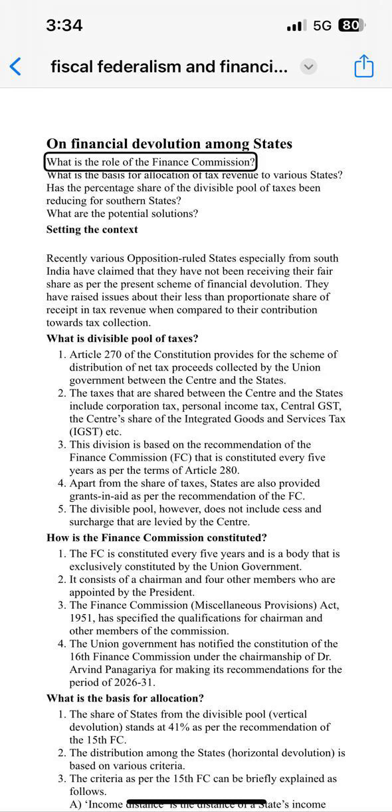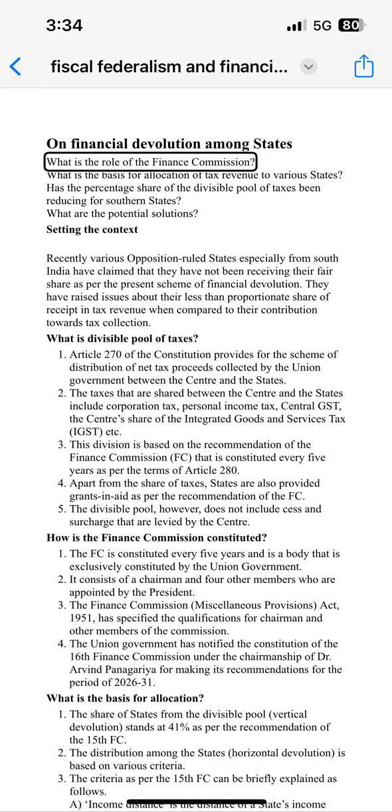Now, the 16th Finance Commission has been announced to be constituted for the period of 2026 to 2031 under the chairmanship of Arvind Panagariya. Right?